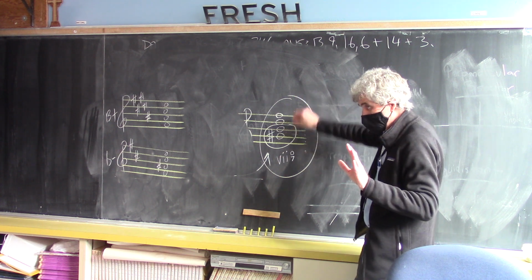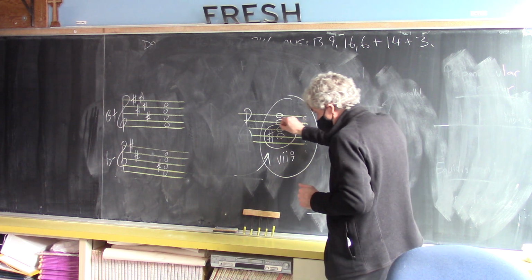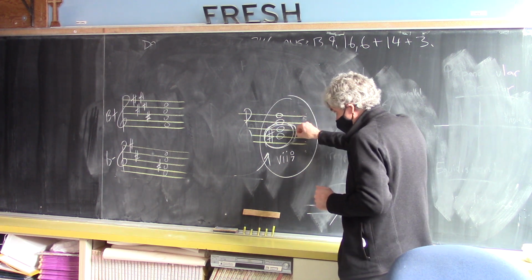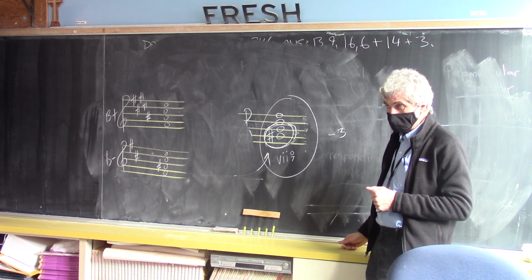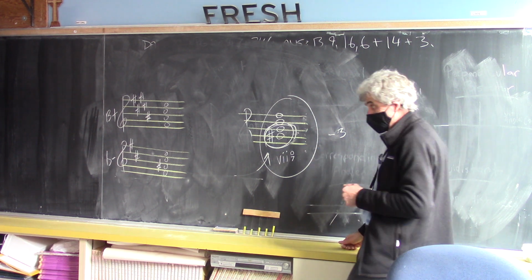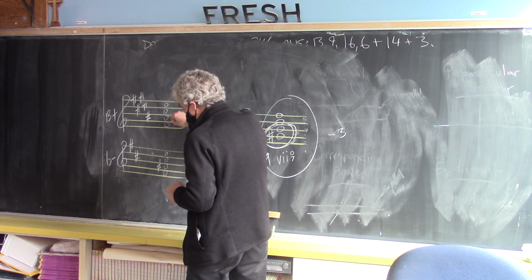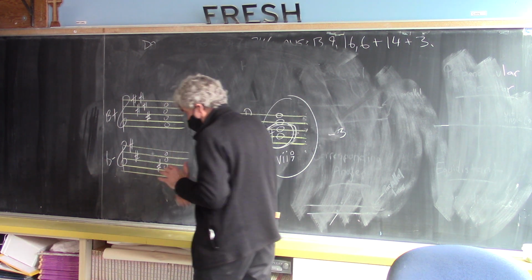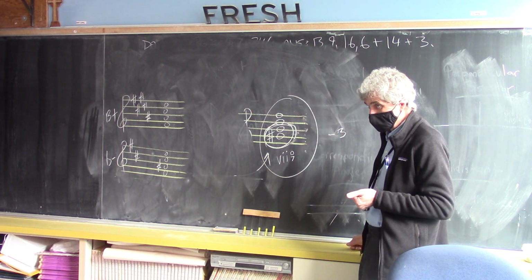It's just going to be piled up like this on 4 lines or 4 spaces. You look at those first 2 notes, and if that's a minor third, you know you've got a diminished 7th. If it's a major third, like these, F sharp, A sharp, then you know you've got a dominant 7th. Okay? And you don't have to go farther than that.